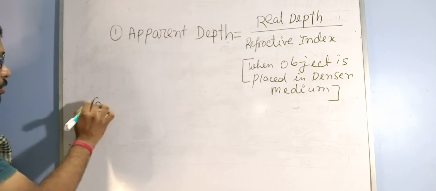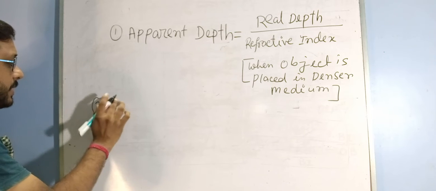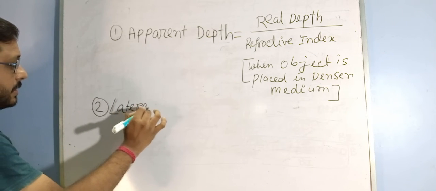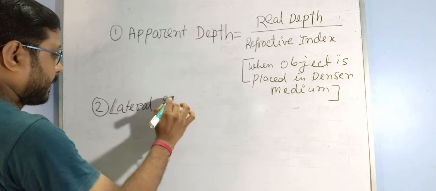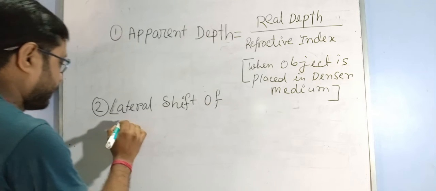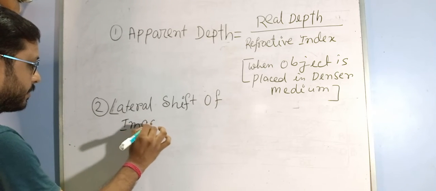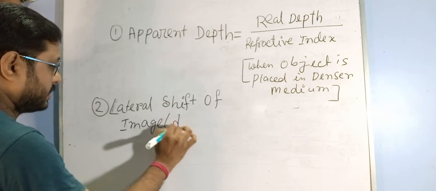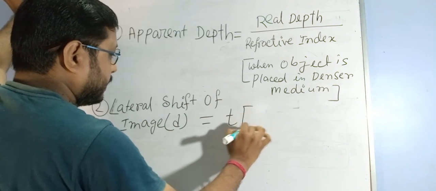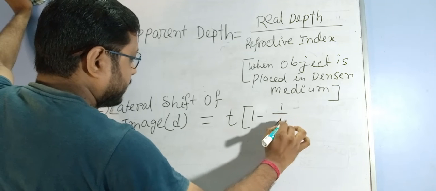And number 2, lateral shift of image, which is termed as d equal to t into 1 minus 1 by mu.